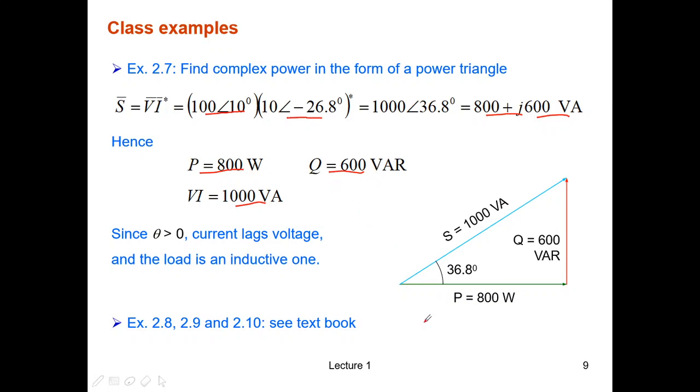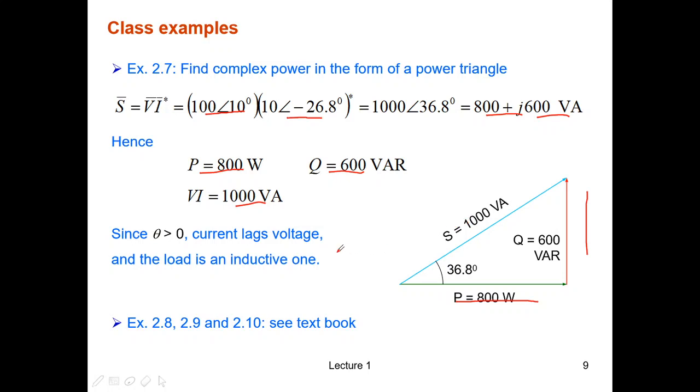Now we can build the power triangle by putting the P part on the real axis and the Q part on the imaginary axis. And remember, P plus jQ will be S, so this will be the value of S. This is called a power triangle because all sides of the triangle are power.